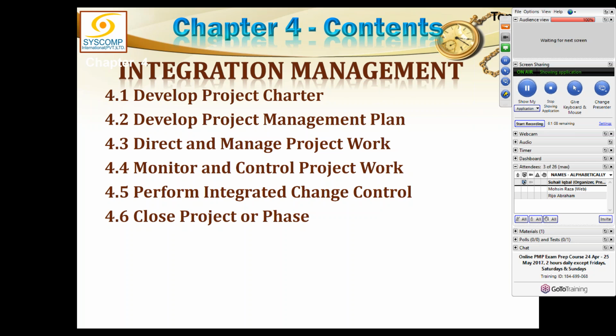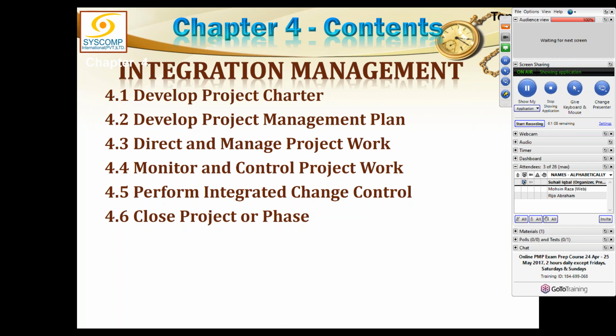But this process of identify stakeholders is subordinate to the project charter process, because project charter belongs to integration, and that is always the parent. Okay, that job is done. Initiation is completed. We have the charter developed.